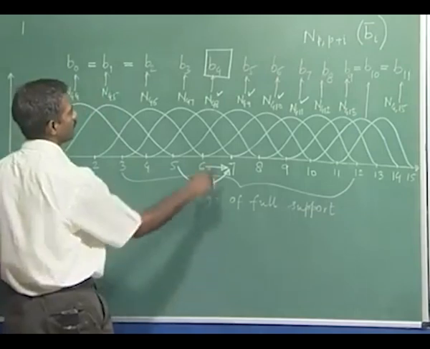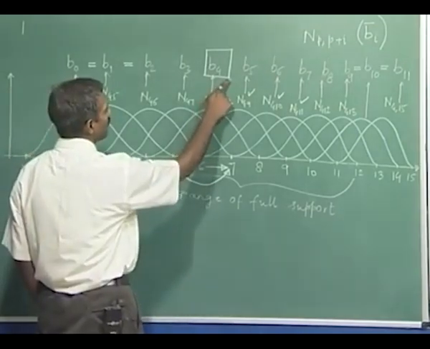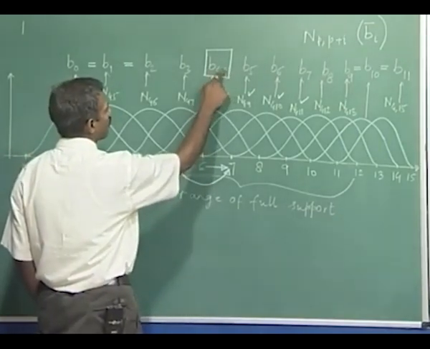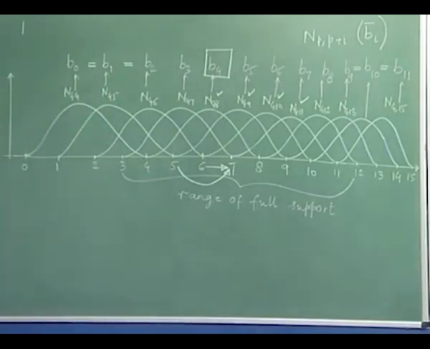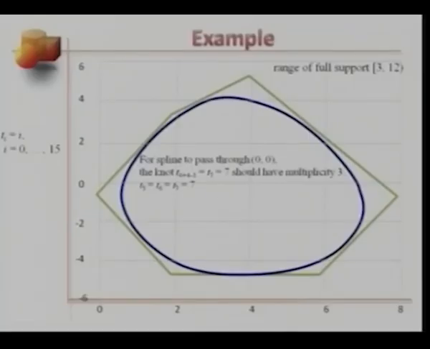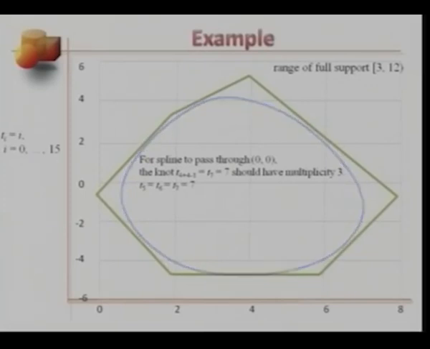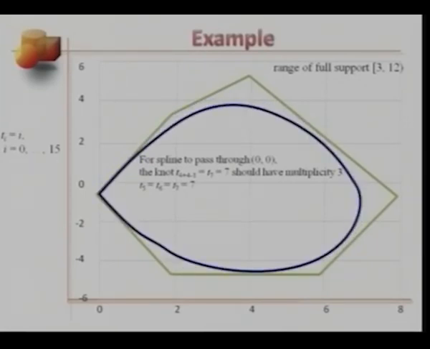This is when our B-spline curve will pass through the data point B4, which is the 5th data point in our case. Once we do this, this is how our new closed B-spline curve looks.